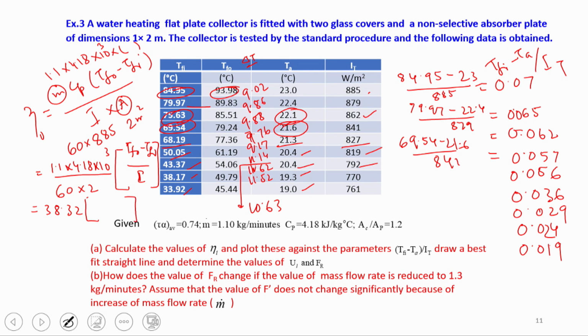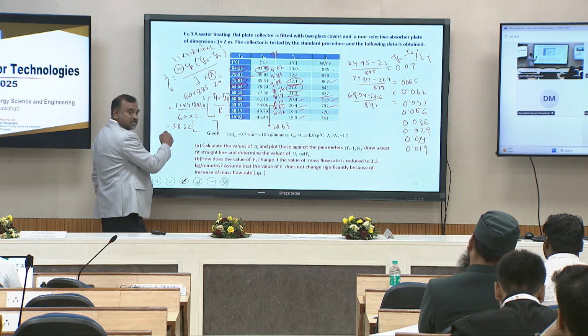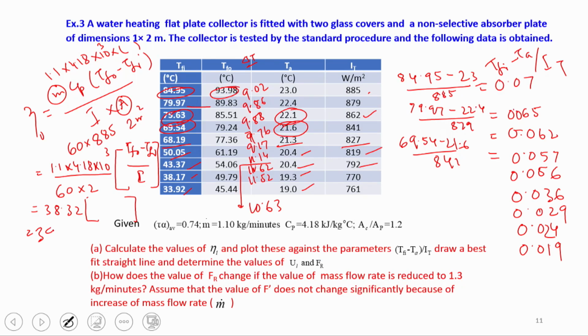This is known, divided by I T. If you had computed quickly, you could have done it here. Efficiency is 0.3, so 39% for the first case.